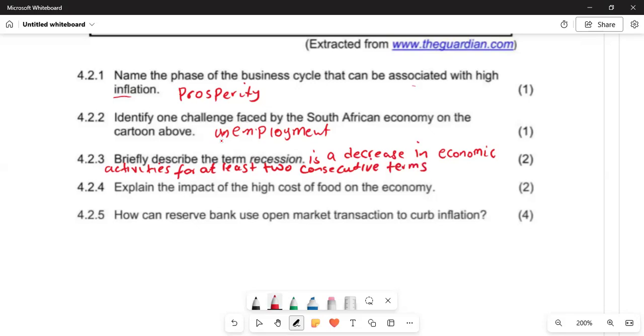Explain the impact of high cost of food on the economy. So high cost of food will negatively affect consumers' buying power.